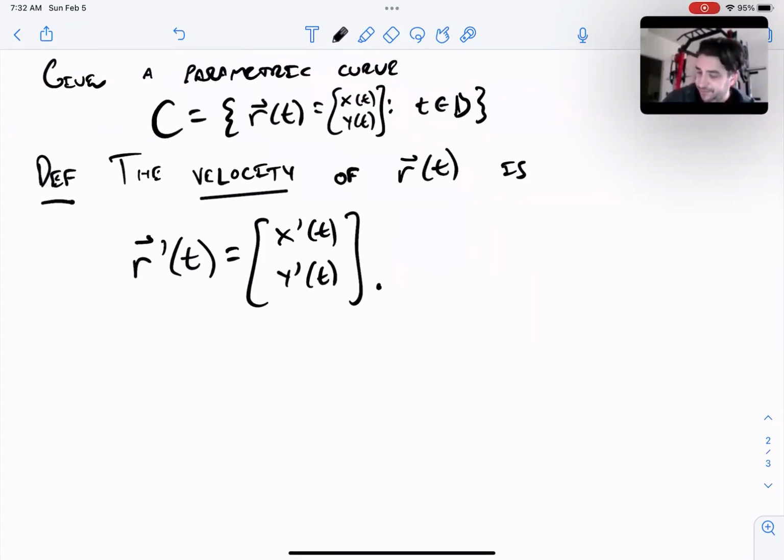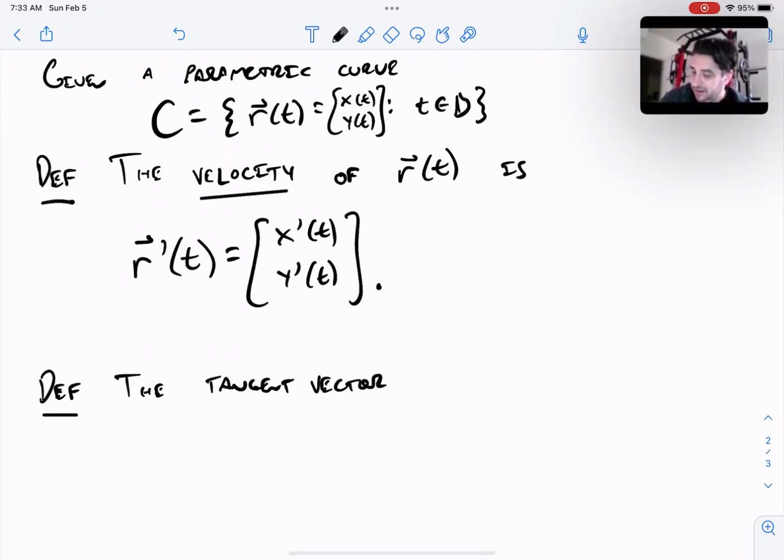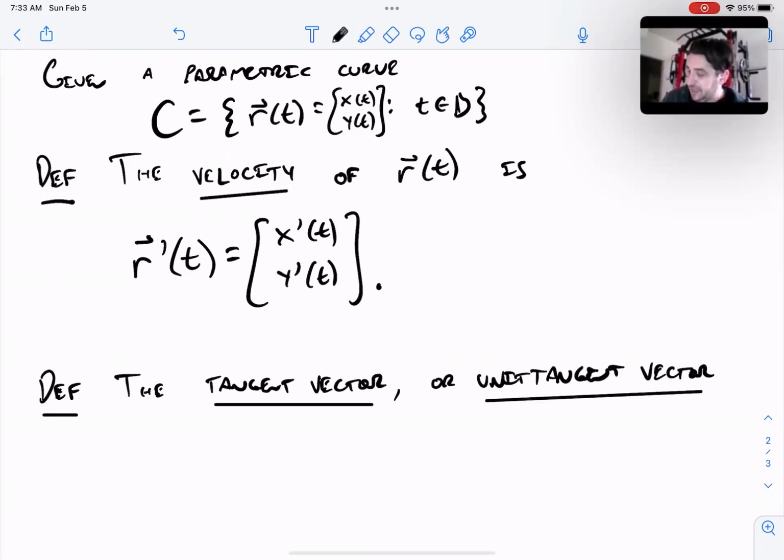This leads quickly to another definition. Sometimes people call it the unit tangent vector. Sometimes people don't say unit, they just say tangent vector.